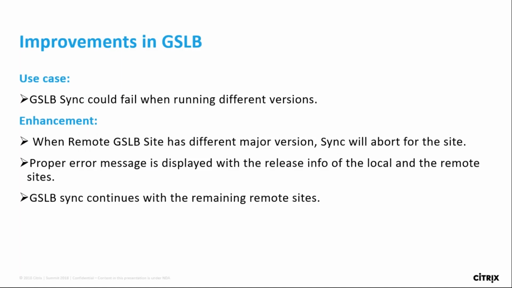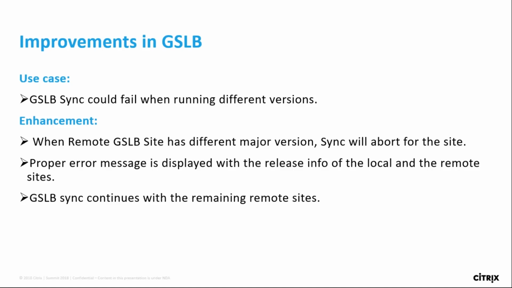So a couple of updates on the GSLB front. We have added some improvements to the GSLB. In the GSLB, when sync is happening across different versions, sometimes you are not getting proper error messages explaining the reason for aborting the sync. The sync doesn't happen if a different version is detected, and going through the logs or the error messages, there was no way to figure out the reason behind that.